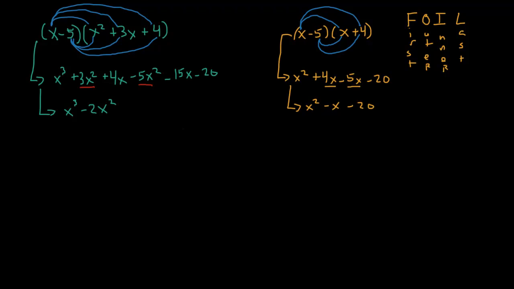Okay? Then I have an x term right there, and an x term right there. So I have 4 x's, and I have negative 15 x's. So when you combine positive 4 and negative 15, you have negative 11 x's.